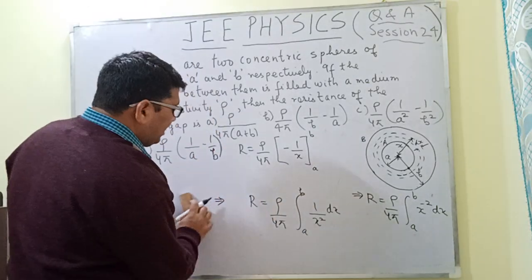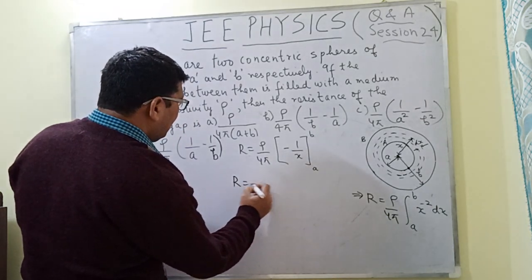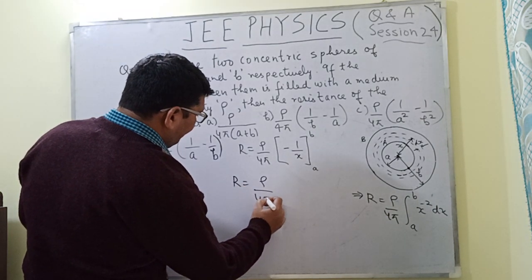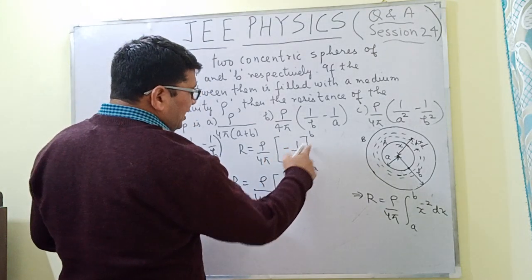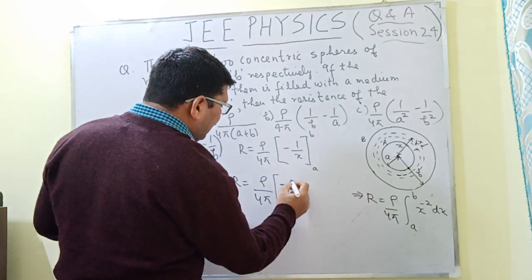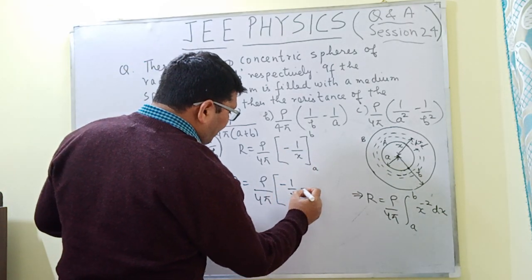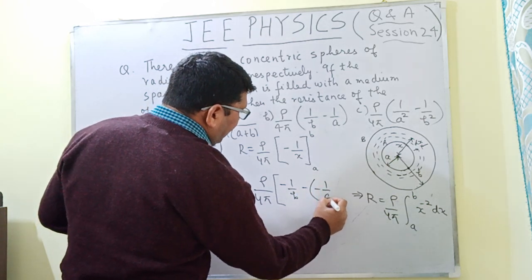And now this equation can be written as R will be equal to rho upon 4 pi. I will be putting the value of x as b, so I will get minus 1 by b, minus bracket minus 1 by a.